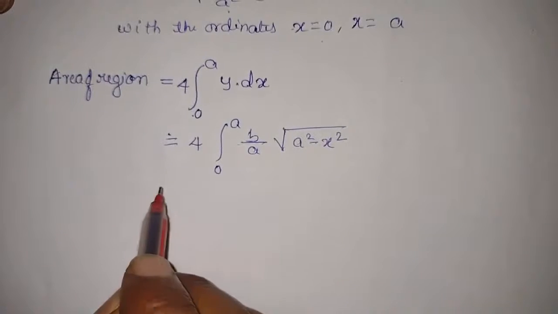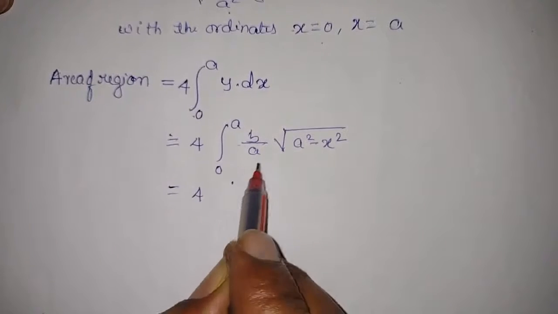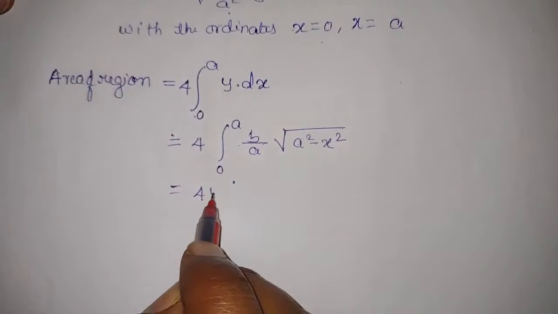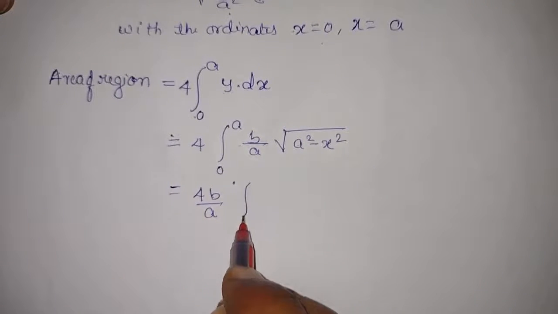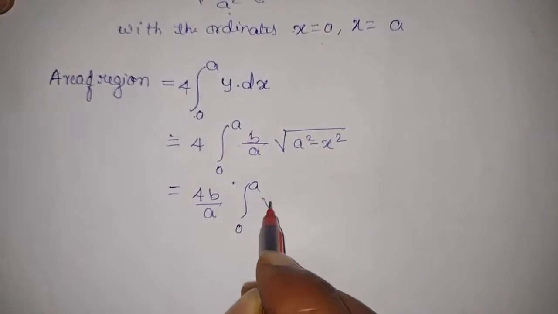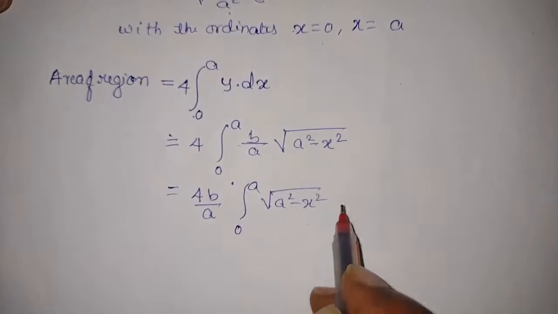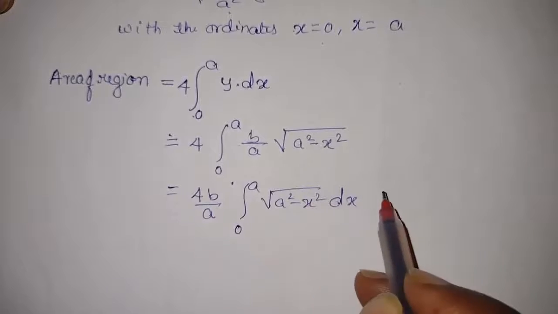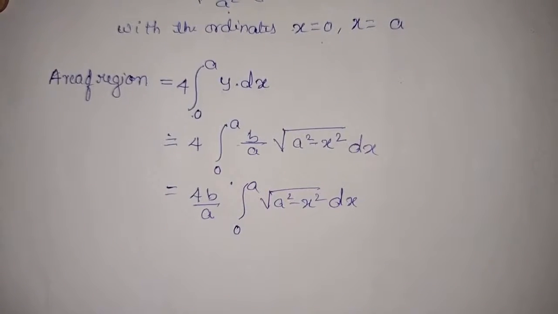That is equal to 4, b by a is a constant, take it outside: 4b by a into integral of 0 to a root of a square minus x square into dx.